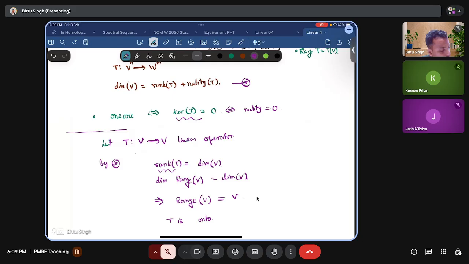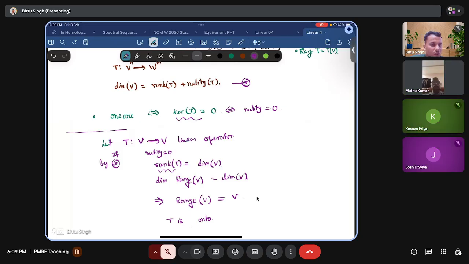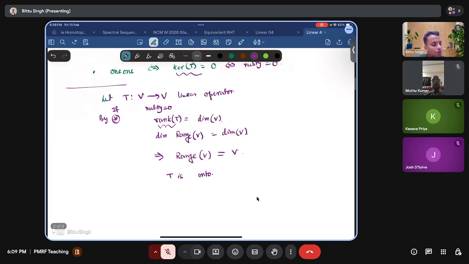So we have used the fact that if kernel T equals 0, if nullity is 0, that is, if T is one-one, then we get that T is automatically onto. So that is an important fact to check whether a linear operator is an isomorphism or not.